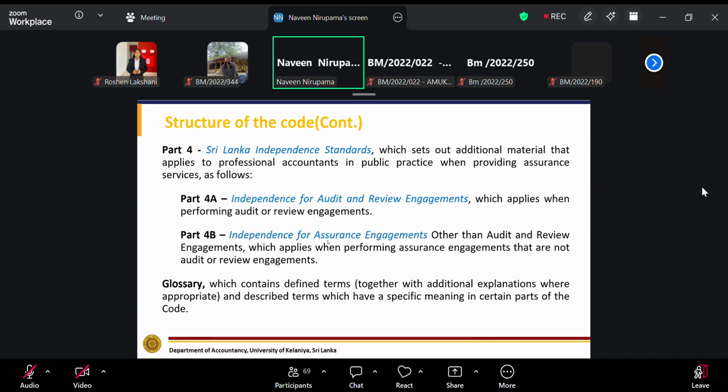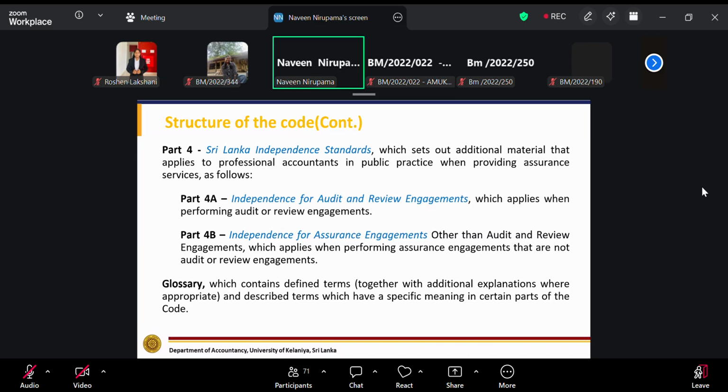And part 4 addresses the international independence standards, which set out additional material that applies to professional accountants in public practice when providing assurance services.